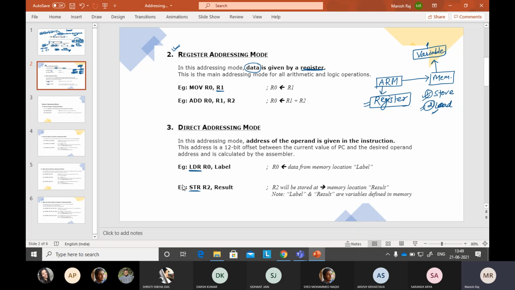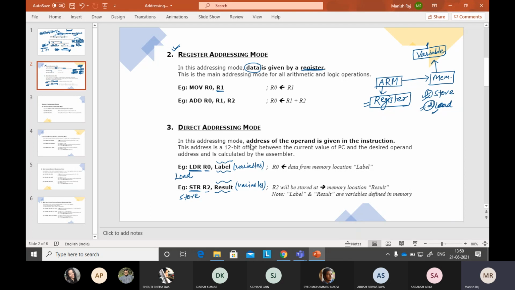So this is load and this is store. Only these two types of operation you can use in the direct addressing mode. This label and the result are the variables which you are making in the memory, and you are taking the data from some variable into the register.